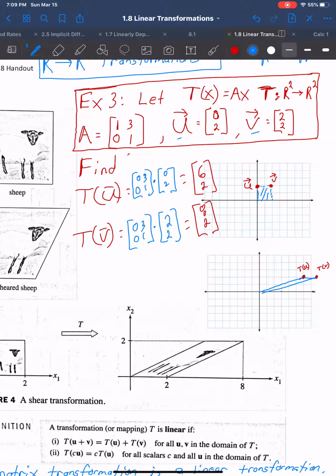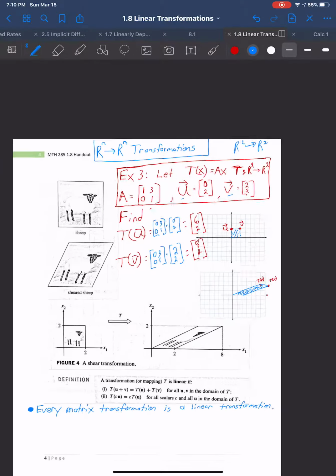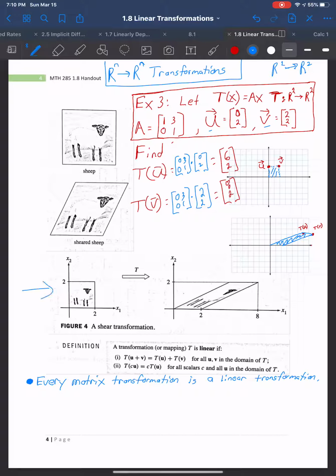Actually, let me do that again because I should have been at 2. Try that one more time. Right? So that's the idea, and that's exactly what figure 4 is trying to show you. So that's an Rn to Rn transformation.